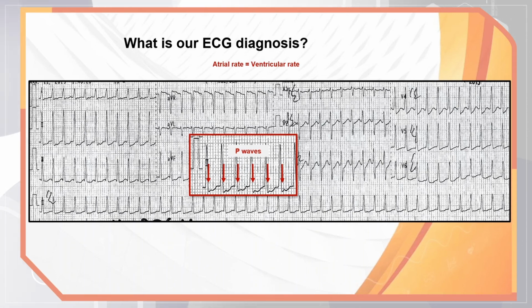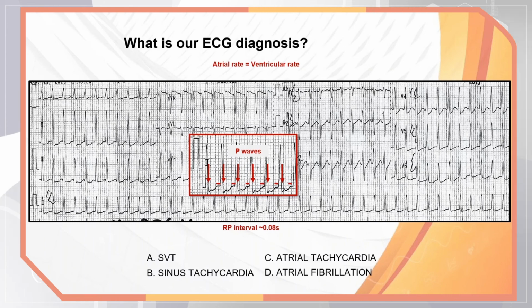Now then, let's try a little bit of a quiz. How does one then narrow down the diagnosis based on this particular ECG? The first thing we can rule out is atrial fibrillation, because atrial fibrillation necessarily means an irregular rhythm.